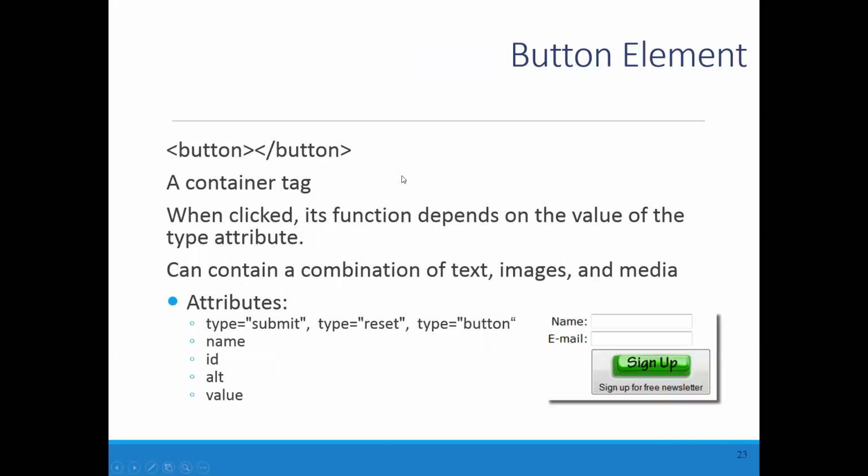I can also define anything as a button. It's a container tag. That means it's got an open and closing tag, and that way I can associate both text and the graphic as my button. So down here, I've got both the graphic and the text defined in my button container.